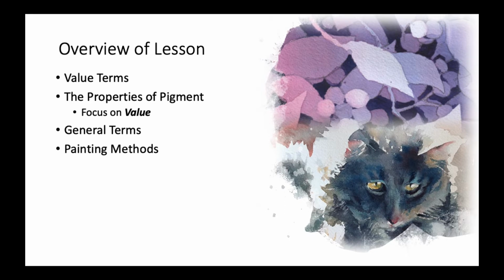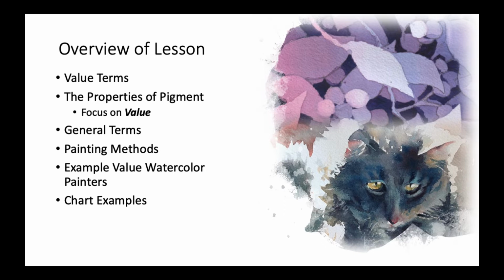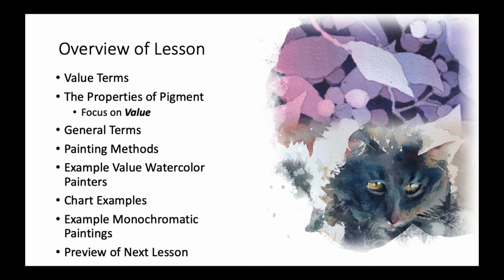We'll discuss 2 new painting methods. We'll give you some example value watercolor painters, show you some chart examples, as well as some example monochromatic paintings that you may gain some ideas for doing your own painting. And finally, we'll give you a preview of the next lesson.